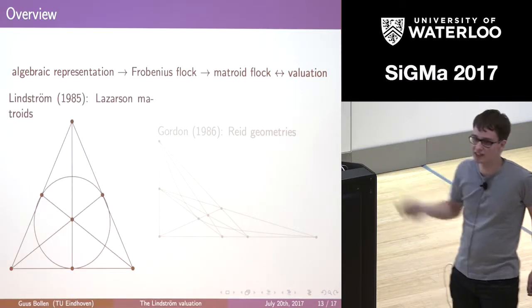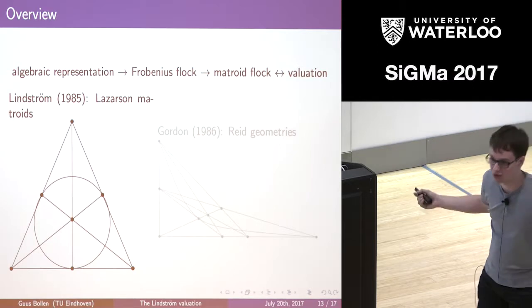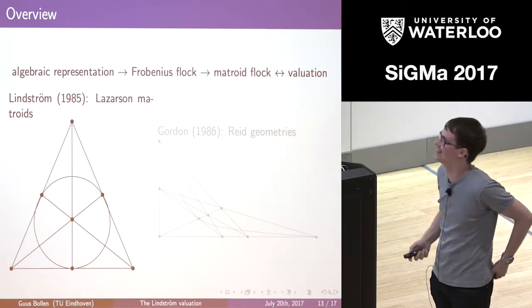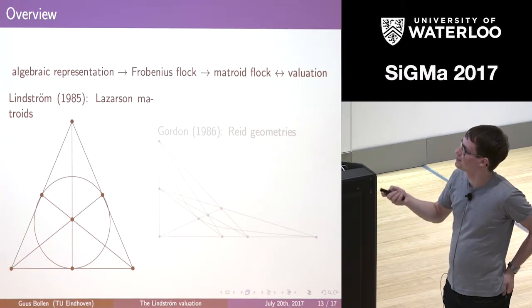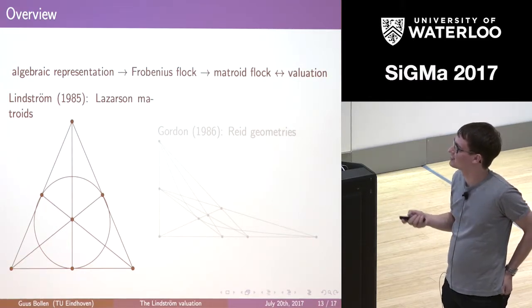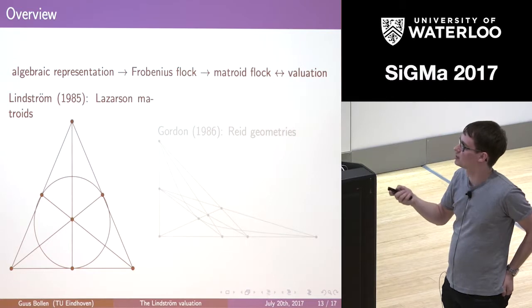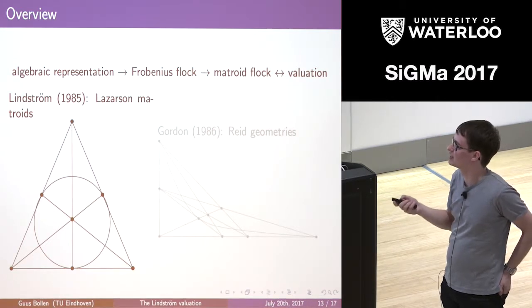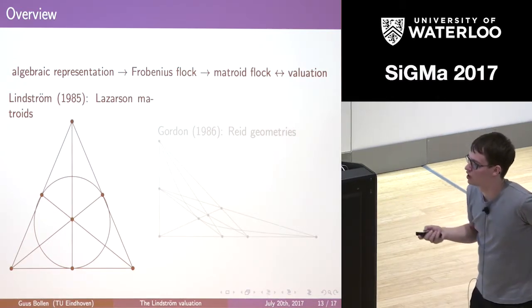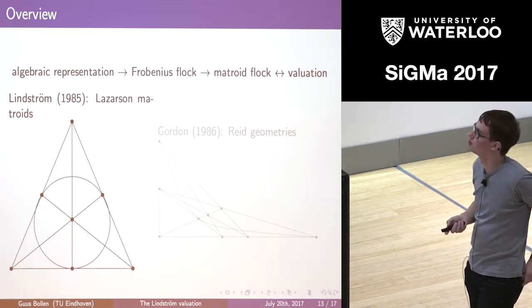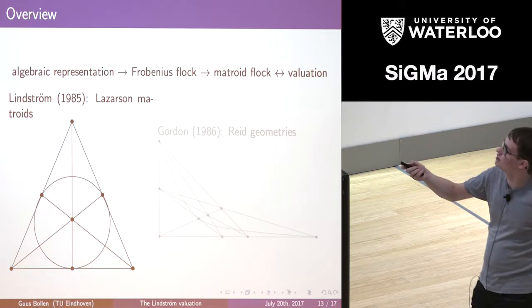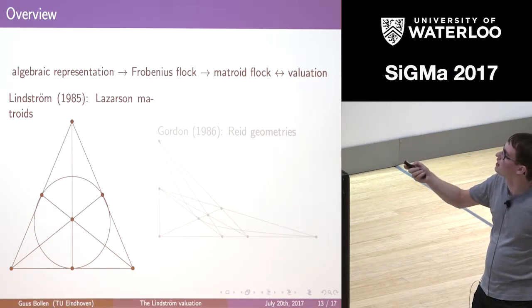So in 1985, long before I was born, Lindström proved that Lazarson matroids, of which the Vámos is a special case, are algebraic if and only if the characteristic is 2. Well, how could we do that more easily now?